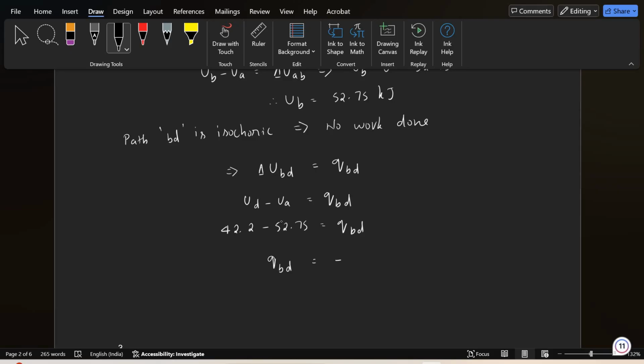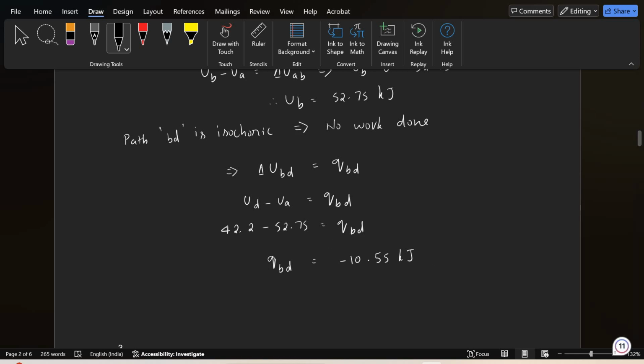First we'll do the arithmetic. So this gives a negative value, which means heat is being released.